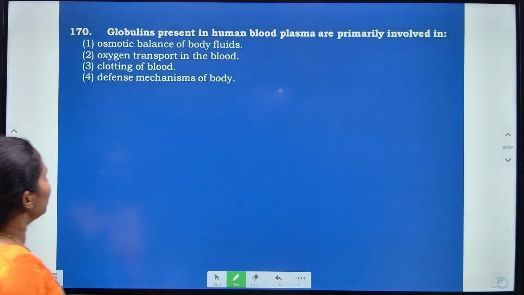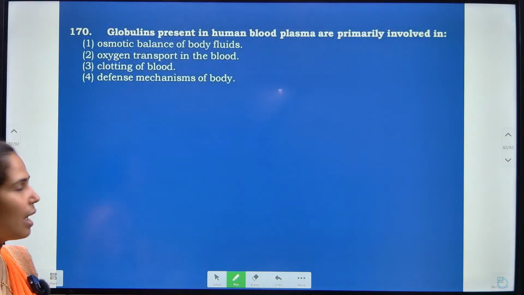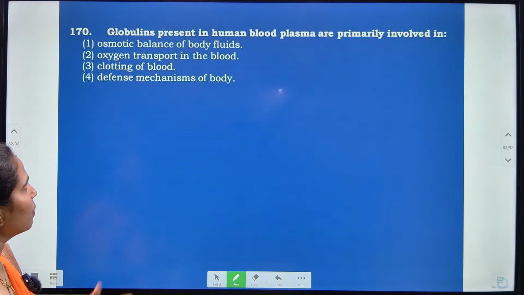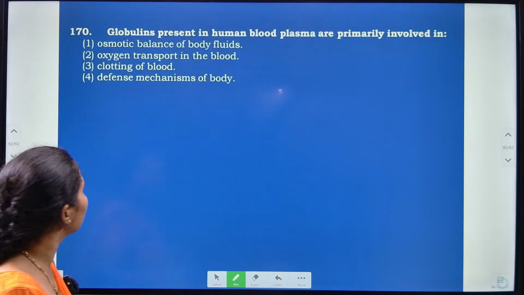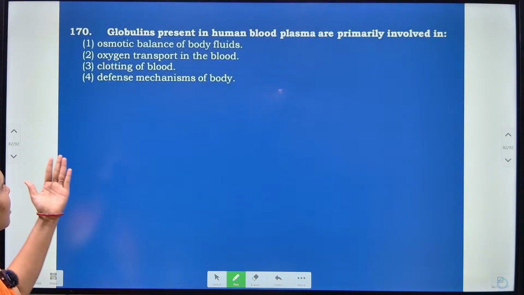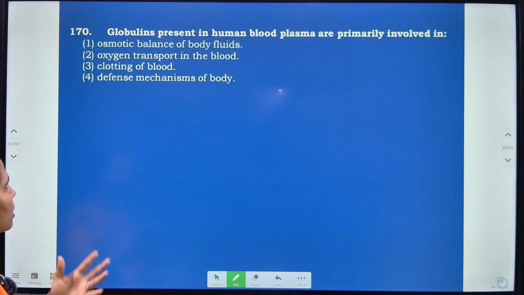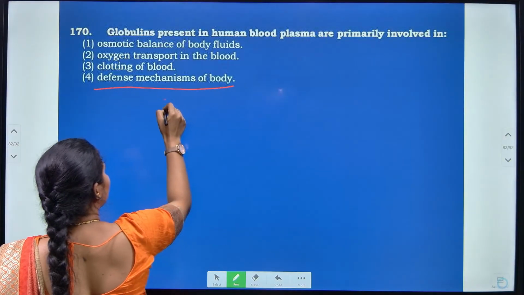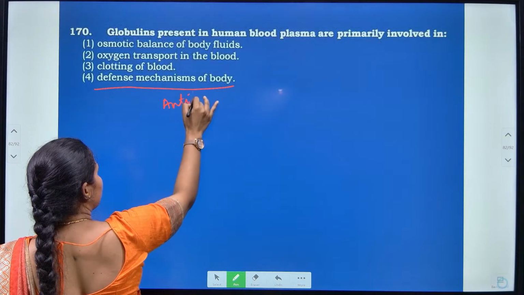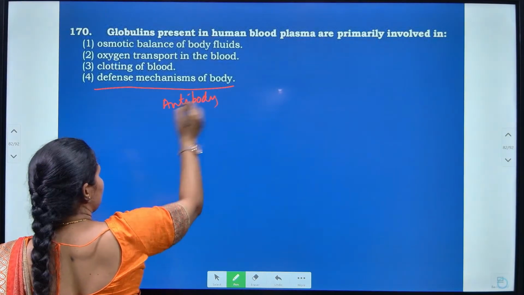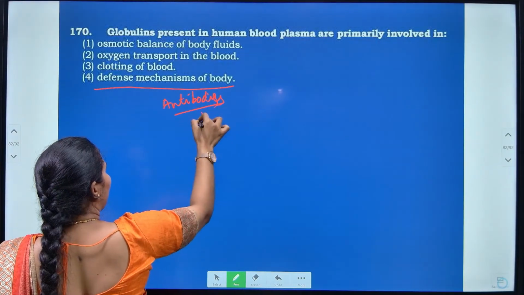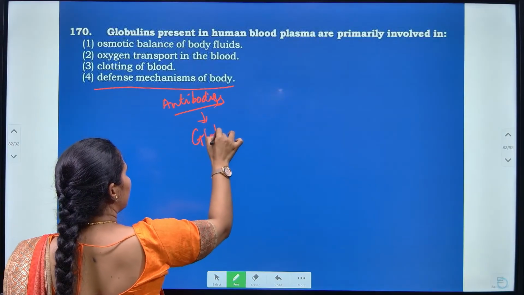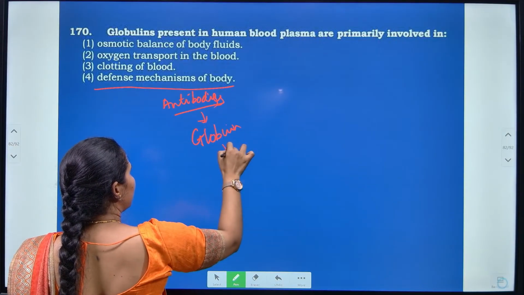Yes, the globins present in the human blood plasma are primarily involved in osmotic balance of the body fluids, oxygen transport in the blood, clotting of the blood, or defense mechanism. It is the defense, that is nothing but the antibodies. Antibodies are made up of globin, which is a protein.